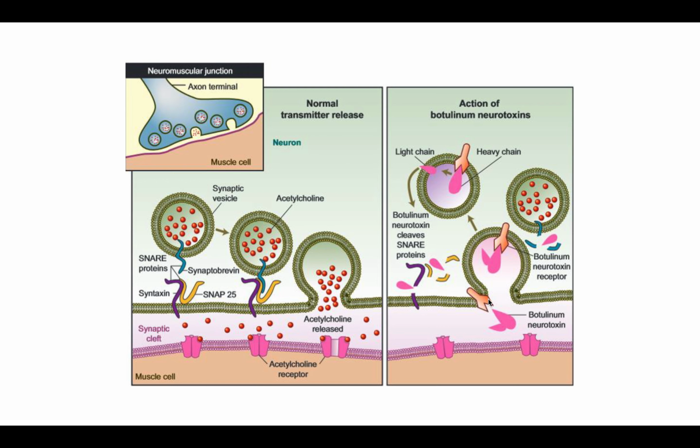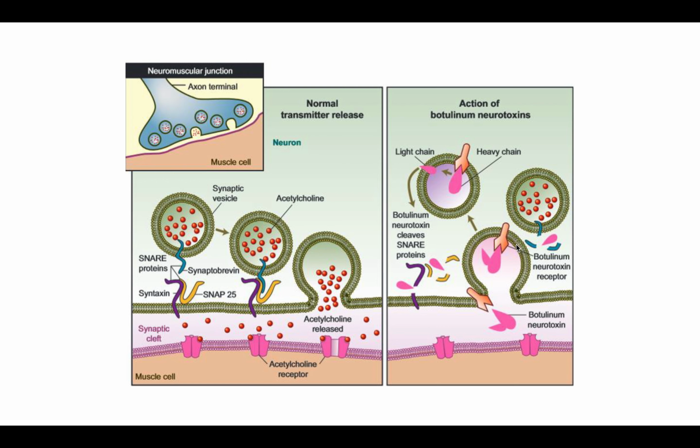And that will form endocytosis. The other one was exocytosis, letting the acetylcholine go out. But this one is going to form endocytosis, in which a vesicle is being formed to allow that Botox, or botulinum neurotoxin, to go inside the neuron.